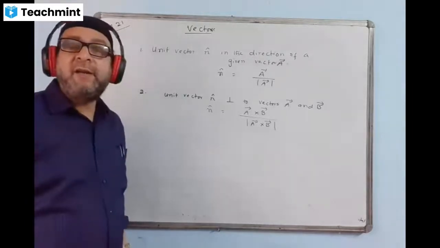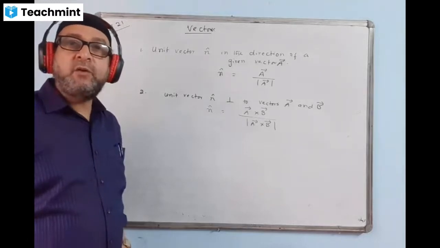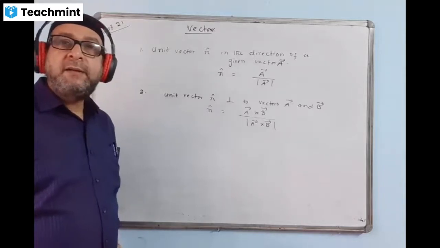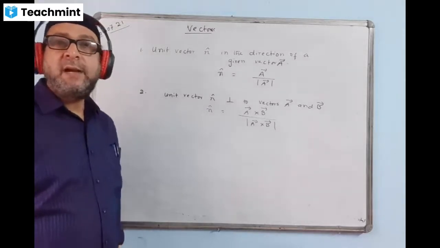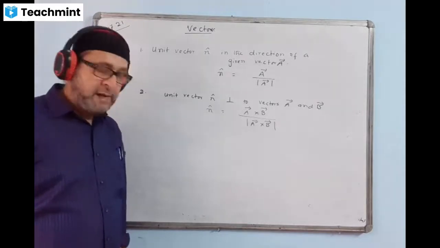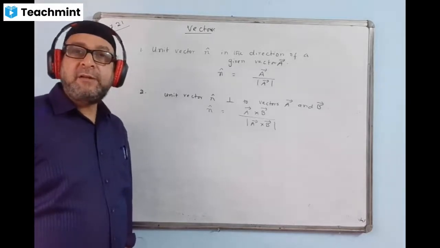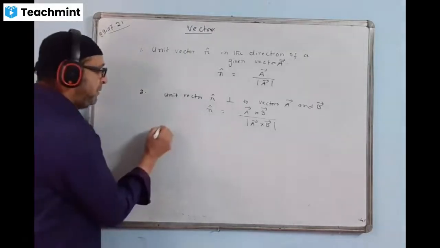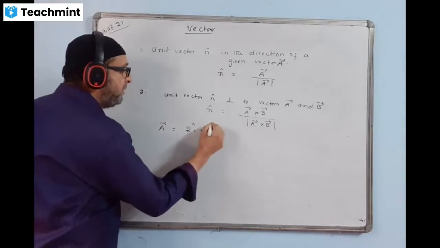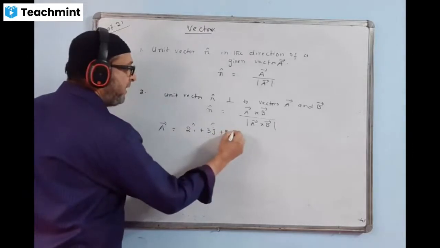Write the question. Find a vector whose magnitude is 2 units and it is in the same direction as the vector a equal to 2i plus 3j plus 5k.